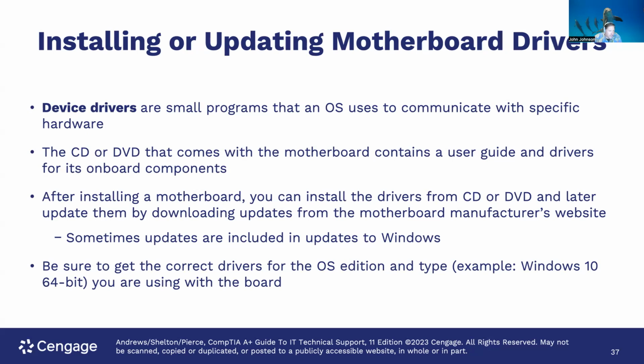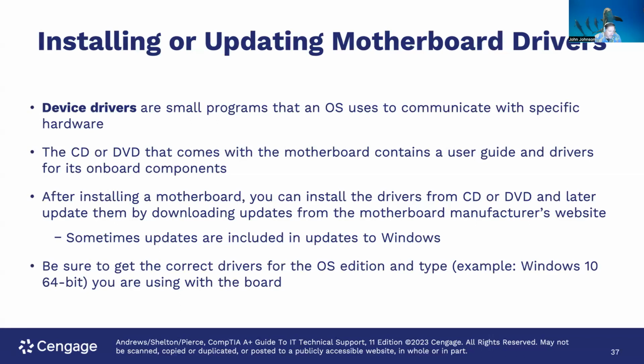So yeah, here it says the CD or DVD that comes with the motherboard contains a user guide and drivers for its onboard components. After installing a motherboard, you can install the drivers from CD or DVD and later update them by downloading updates from the motherboard manufacturer's website. And sometimes the updates are included in its updates to Windows. So when you're going through your normal Windows updates, you can get updates to those devices as well.